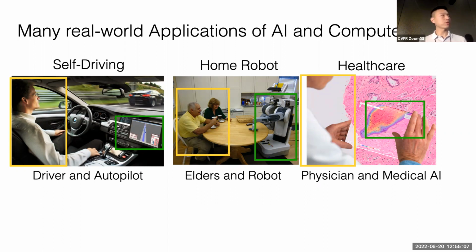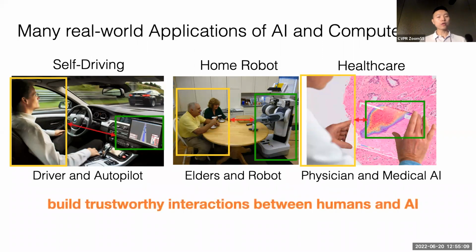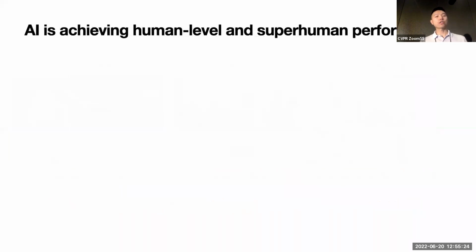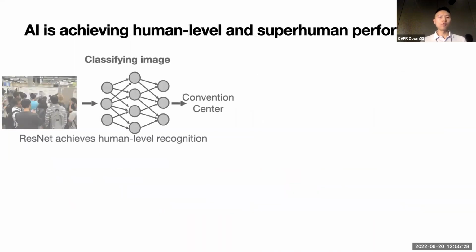So I think it's very important to build trustworthy interactions between humans and AI. We really want to use and deploy those AI models in reality. On the other hand, AI is also achieving human-level and superhuman performance in image classification. We are using deeper and larger networks to improve the performance.